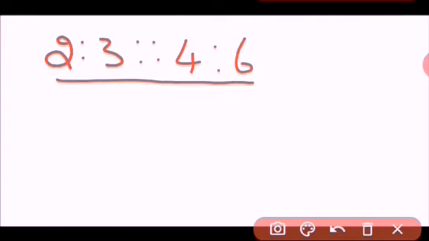See, 2:3 is equivalent to 4:6. The beauty of this proportion is, if you multiply the middle terms, you will get the same as the product of the extreme ends.